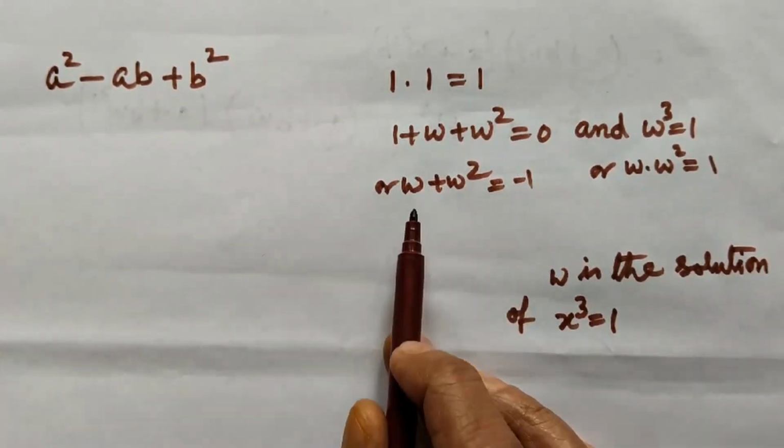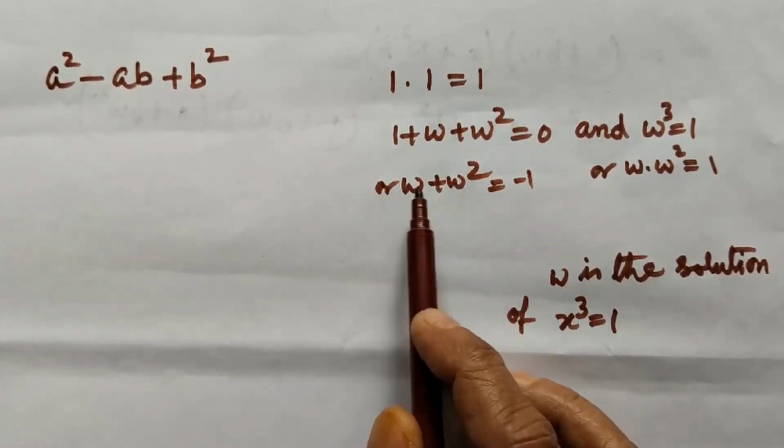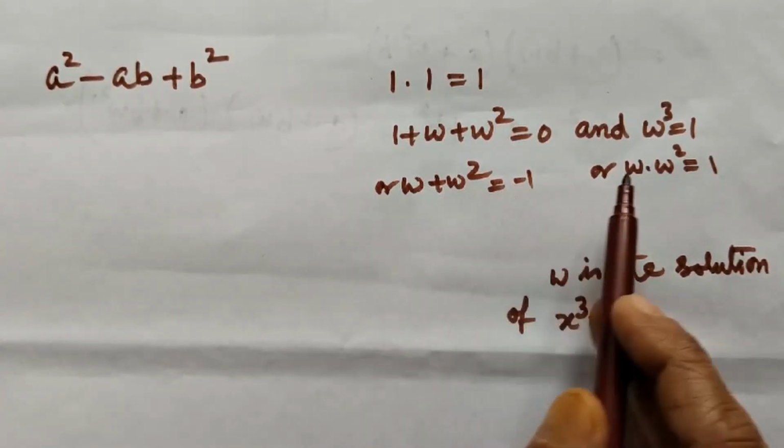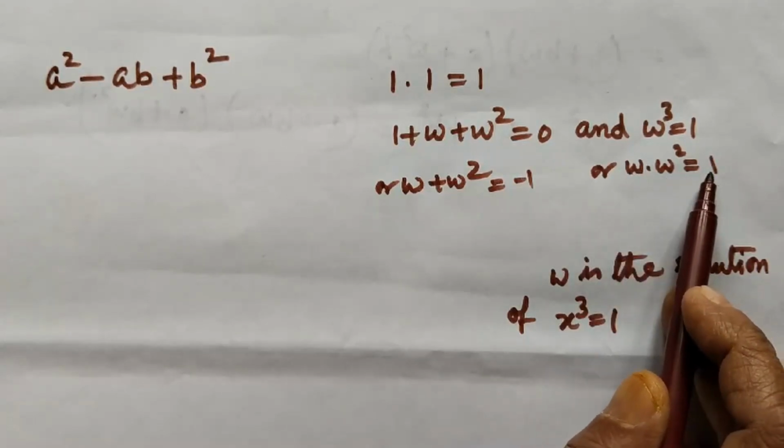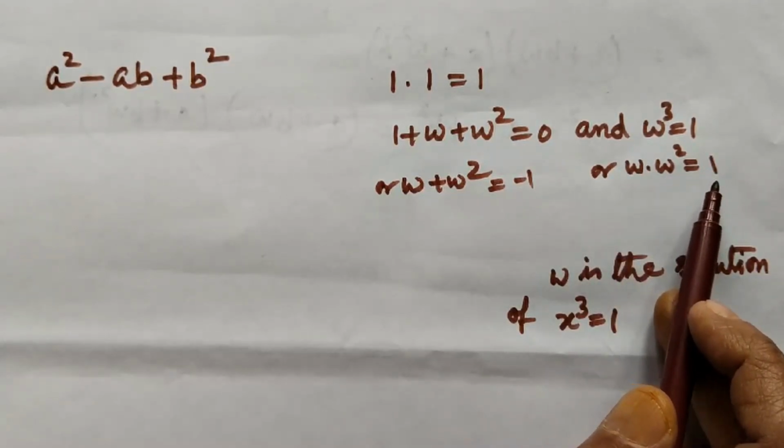See, there are two numbers in the complex field, omega and omega square. Omega plus omega square is equal to minus 1, and the product of omega into omega square is equal to 1. So the method of factorization is fulfilled.